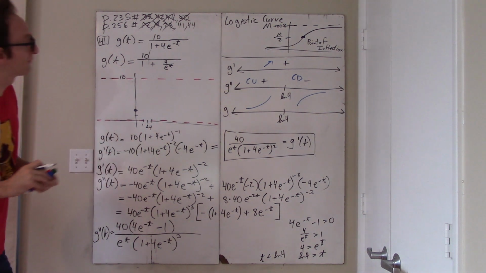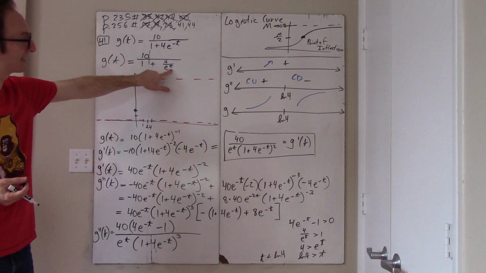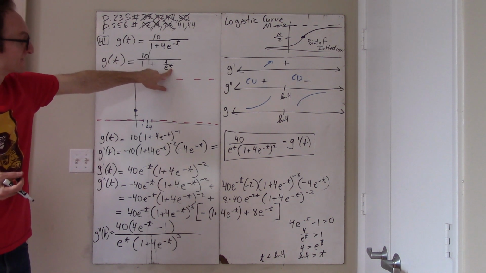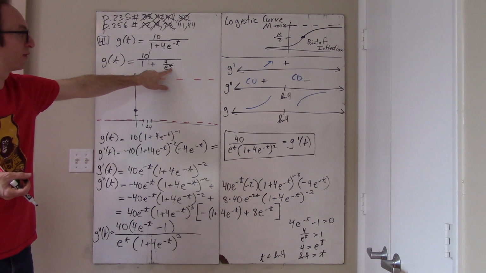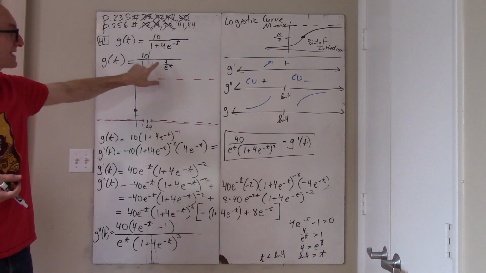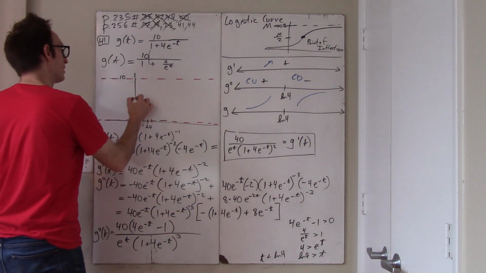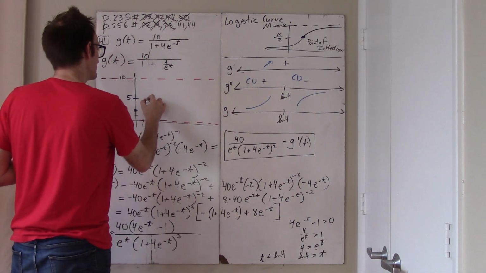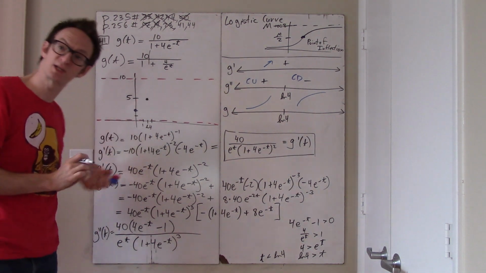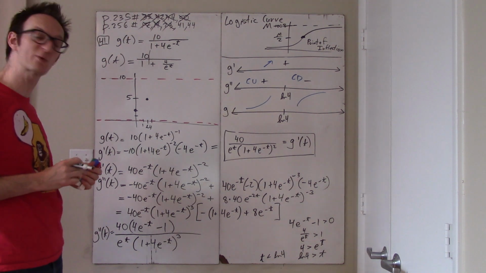When I plug ln 4 into this function, here we go, well e to the ln 4 is 4, and so 4 over 4 is 1, so that's 2 in the denominator, 10 in the numerator. And here we go, we have just proved that, well, we didn't prove it in general, but in general the logic, the algebra and the calculus would be exactly the same.